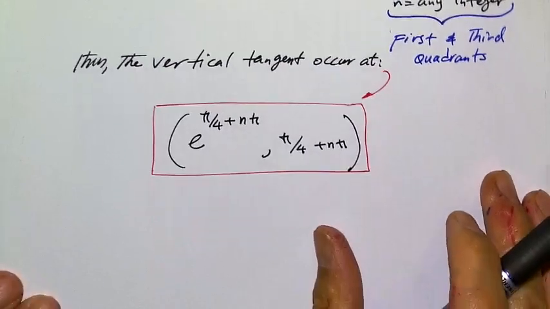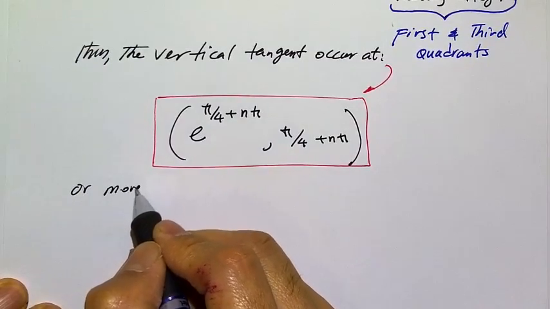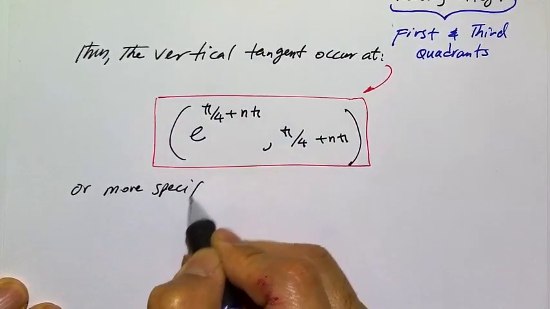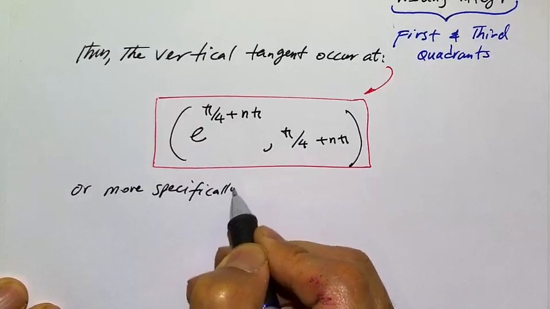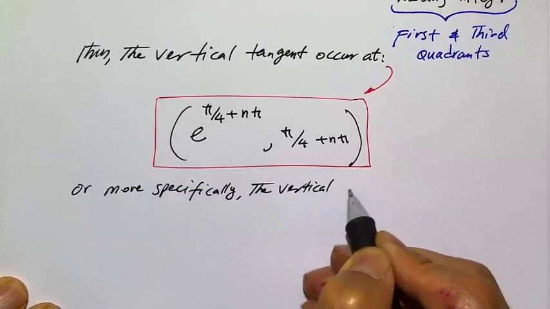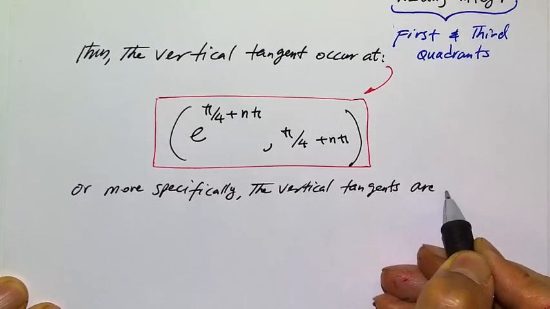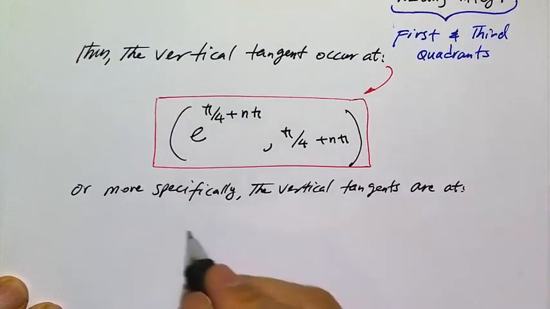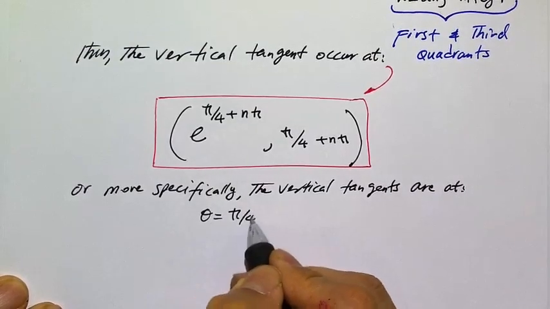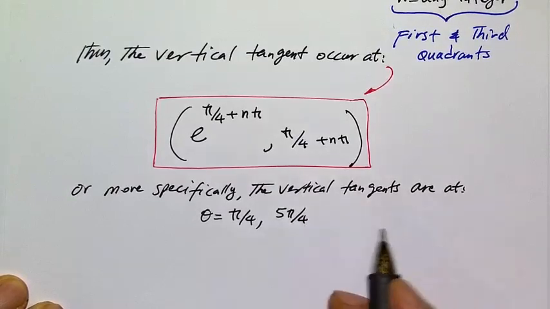So let me add that more specifically: at theta equals pi over 4 and 5 pi over 4.